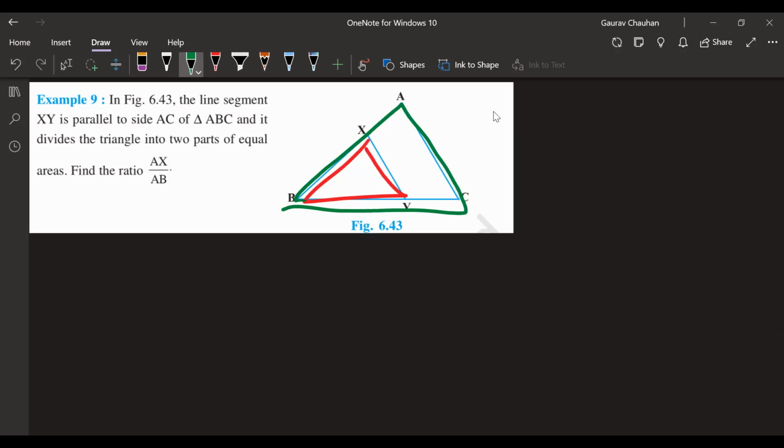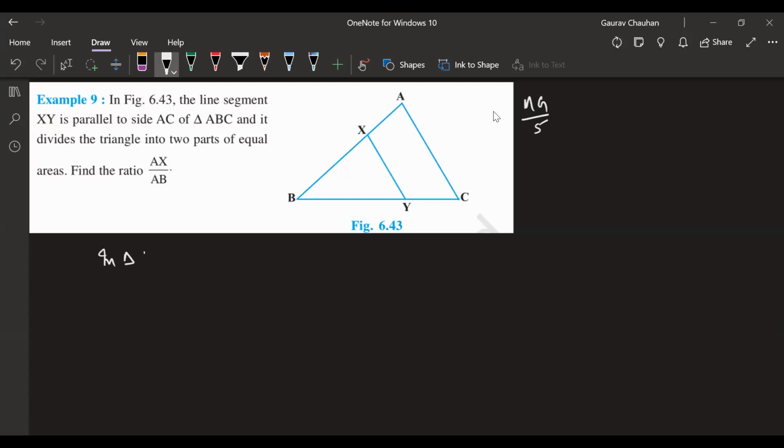Okay, yes. How can we prove? It's looking similar, no? What do you think we can use to prove quickly? Anyone else who can quickly prove this to be similar?